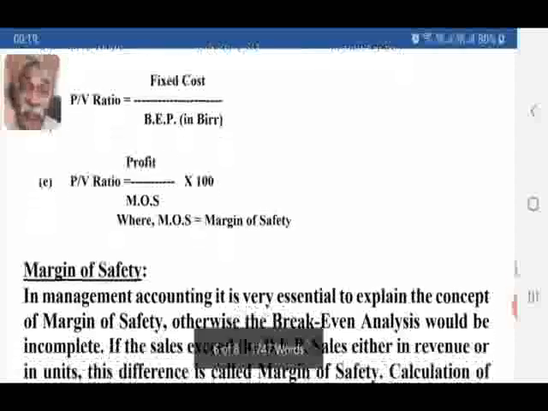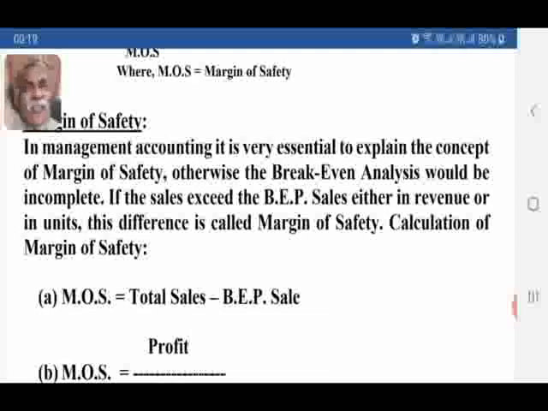Now come to margin of safety. In management accounting, it is very essential to explain the concept of margin of safety. Otherwise, the break-even analysis would be incomplete. If the sales exceed the break-even points, either in revenue or in units, this difference is called MOS, that is margin of safety.